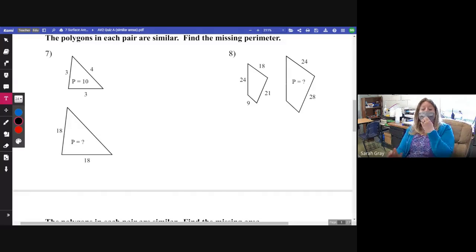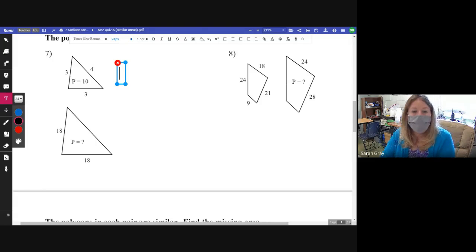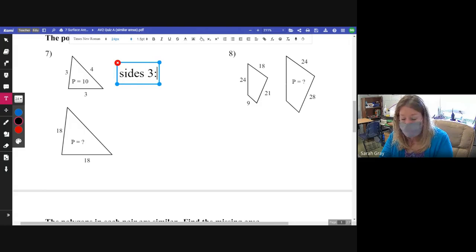For the next couple, you use the ratios to find the missing perimeter. You don't actually have to calculate and add up the perimeters. The ratio of our sides is 3 to 18, which if I simplify that is 1 to 6.